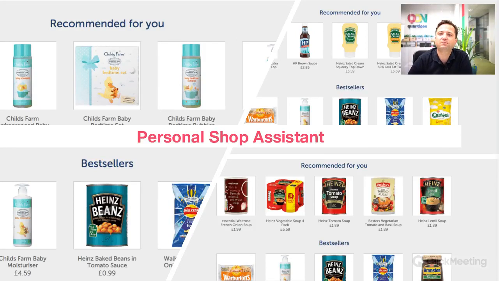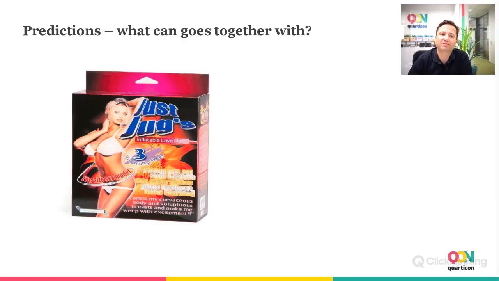But we must also be aware of some other basic examples for predictions. Of course, AI is also about predicting, because AI is not only a neural network. It can be some machine learning algorithms that are applied to basic rules. So it's one of our discoveries from our AI: what can go together with the sexy doll.